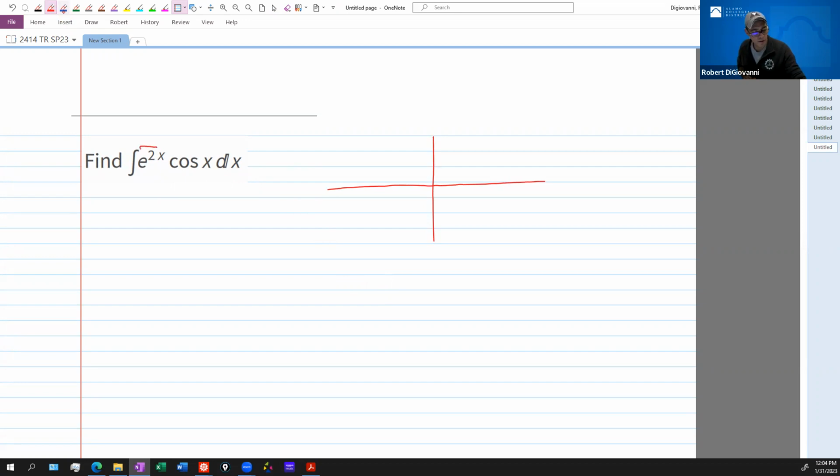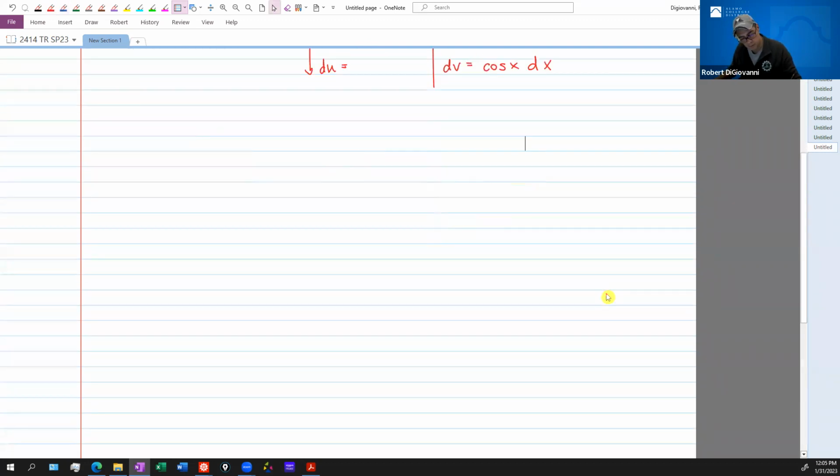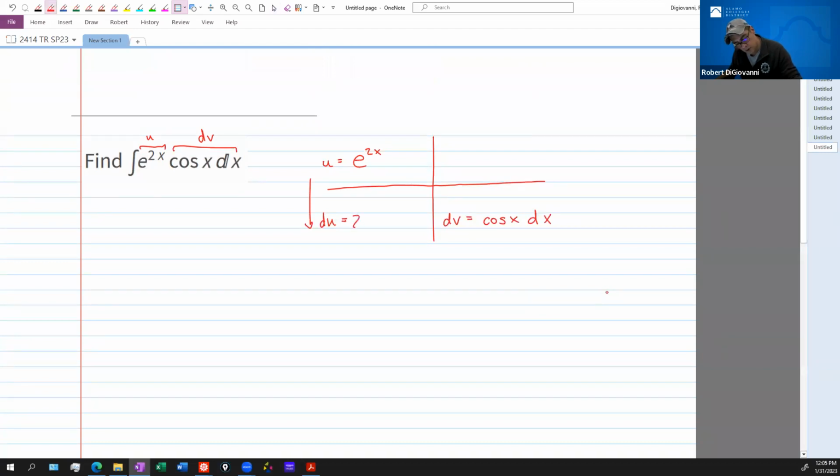I'm just going to go back to the first way. I'm going to call that the u, and let this one be the dv. u is the e to the 2x, and then the dv must be the cosine x dx. The derivative of u is 2e to the 2x dx, right? Because when you take the derivative of e to the 2x, it's itself times the derivative of what's up here, which is 2, and I just slap that out front.